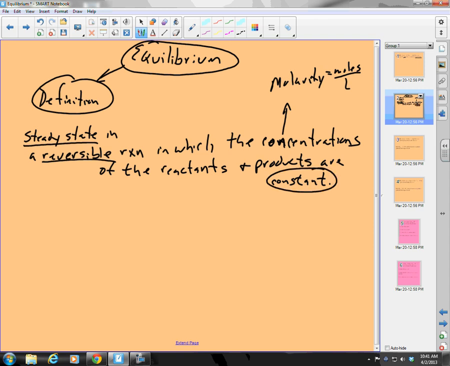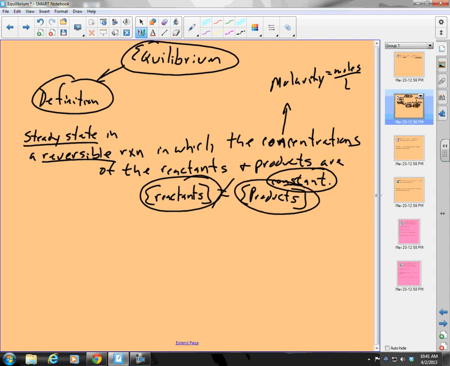This does not mean that the concentration of my reactants equals the concentration of my products. No, I'm not saying that. That is not necessarily true. All I'm saying is that my concentration of reactants is constant, meaning it's not changing, and the concentration of my products is constant, meaning they're not changing. Doesn't mean they're equal. It just means that they are not changing. Now, does this mean that the reaction has stopped? Not at all. The reaction is occurring in both directions.